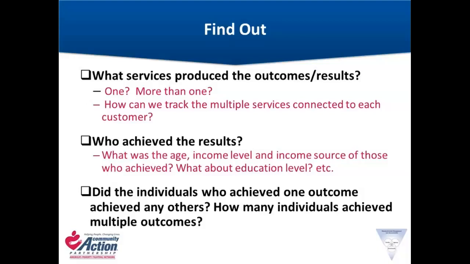And then, who achieved those results? What was the age group that was most successful, or the income level, or the background? What was it about those individuals who achieved success that might give us some indications of how we could improve our services going forward? And then, was there one outcome that was achieved? Did they achieve others? And how many actually achieved other outcomes?